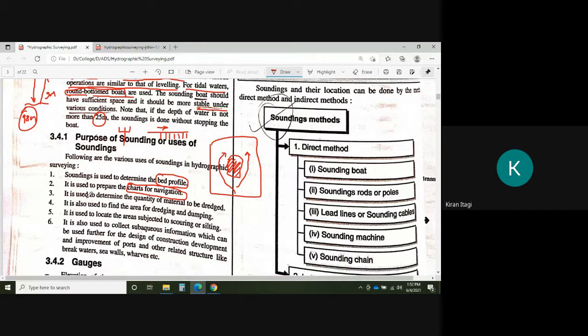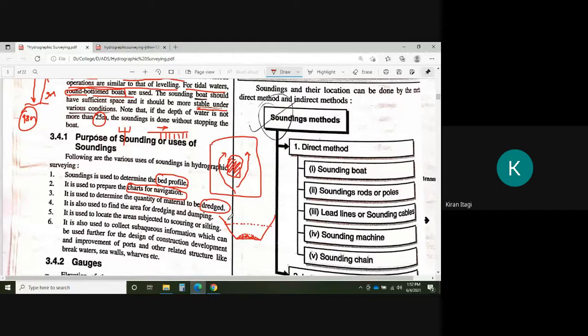It is used to determine the quantity of material to be dredged. For example, this is your canal, a trapezoidal canal. Due to the flow of water, mud is there, and the mud will come and accumulate here.